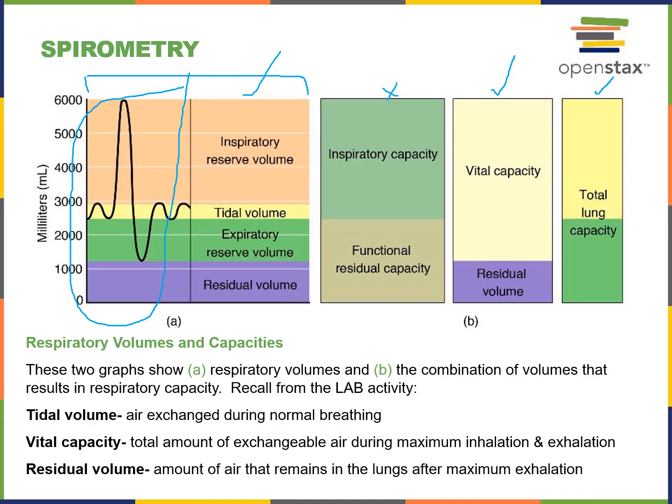So one of the first measurements that one can make with the spirometer is to measure something called the tidal volume. And the tidal volume is the volume of air that you would breathe in normally. So I think all of us know that we can take a deep breath and fill our lungs to capacity.